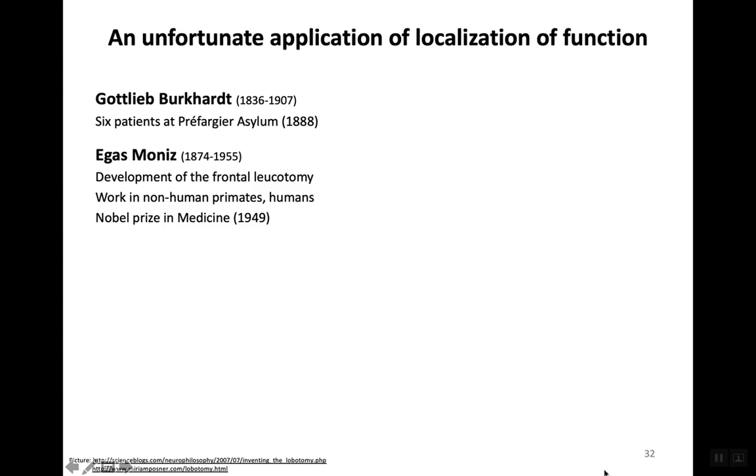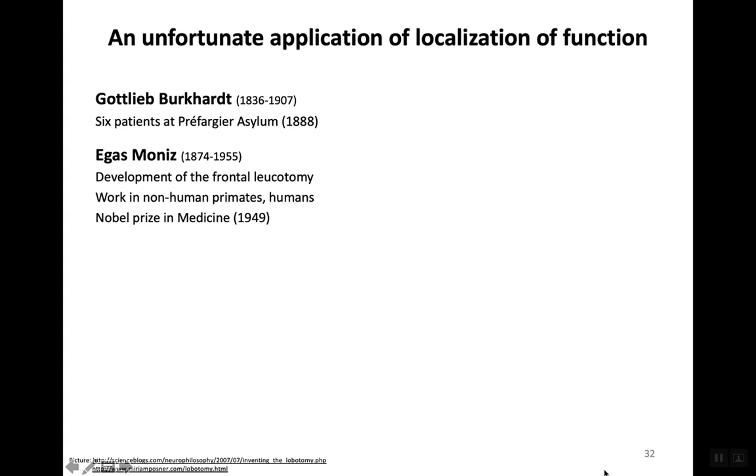However, Egas Moniz, a Portuguese neurosurgeon, developed another version of the procedure with which he claimed to have had success in non-human primates that exhibited violent, uncontrolled behavior, and which upon undergoing frontal leucotomy became much more docile.